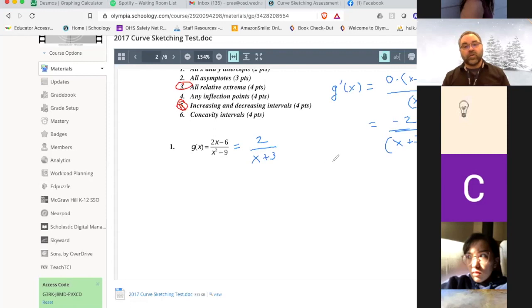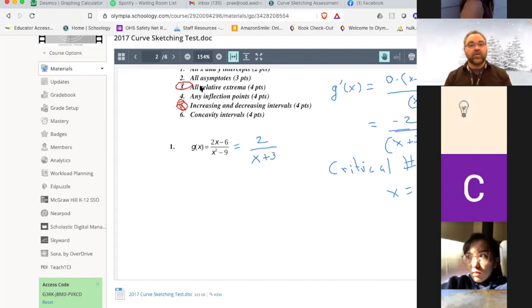So what are the critical numbers? Well, there's only one. The only critical number is where this is not differentiable at x equals -3. And we actually knew that already, right? Because that was the vertical asymptote. And of course, it can't be differentiable there because the function doesn't exist there. And so that's the only place that we have to worry about.